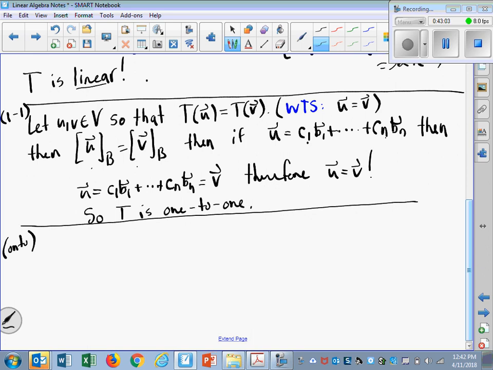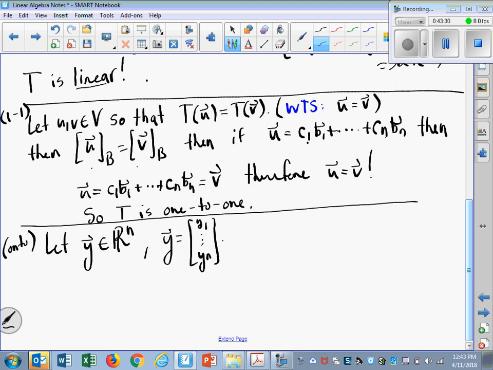Okay, so then y is really y1 all the way through yn. Now let's find some vector inside of the domain that maps to this. I'm going to find a vector inside the domain that maps to y, so that the B coordinates of my vector happen to be y.